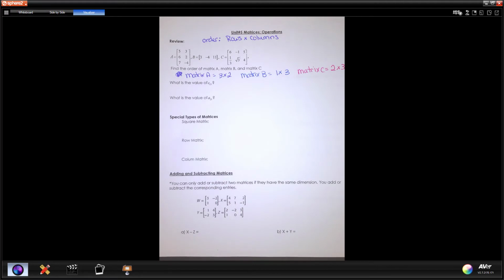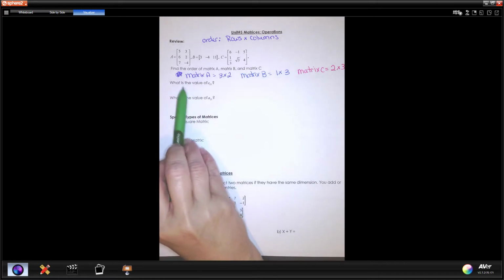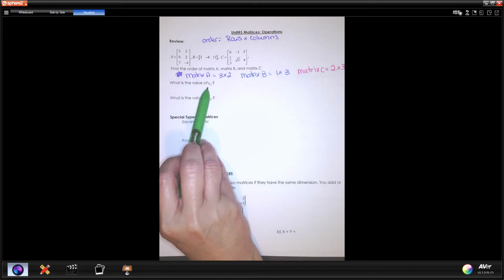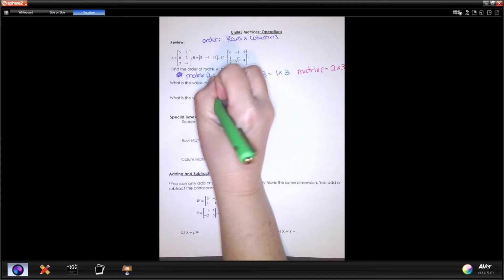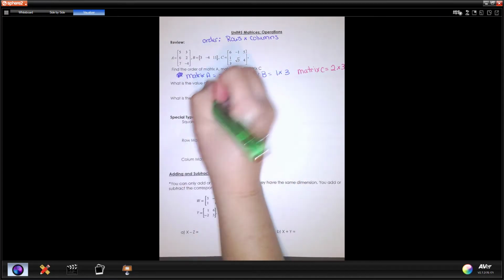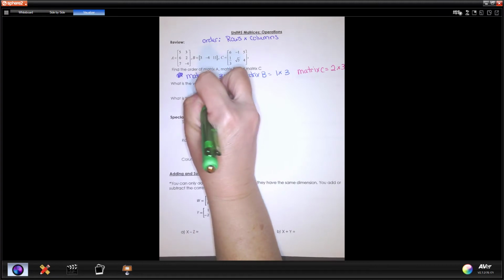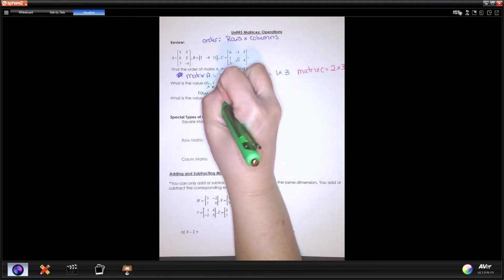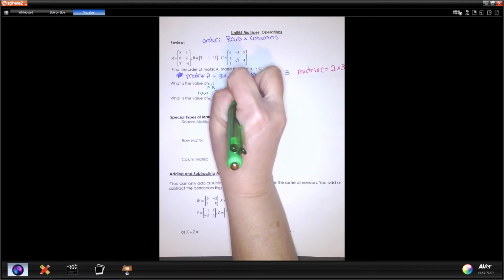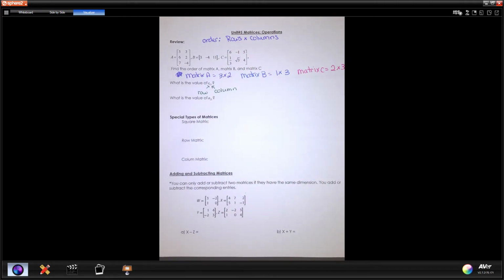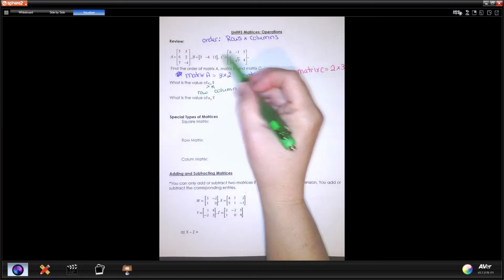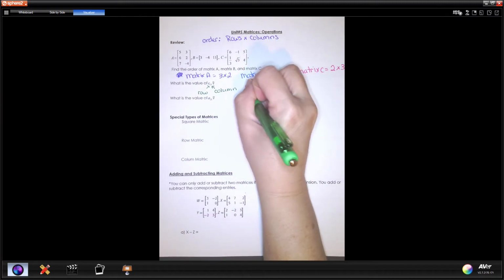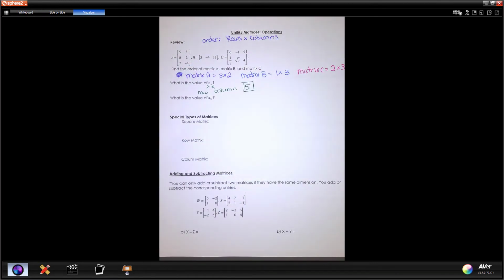Next, if we recall, all of our matrices have an address, and that address is the location of a number somewhere in that matrix. So for example, it says, what is the value of C sub 1, 3? What this is asking for, we need to go to matrix C, and what is in row 1, column 3. So row 1, column 3 has a value of 5.